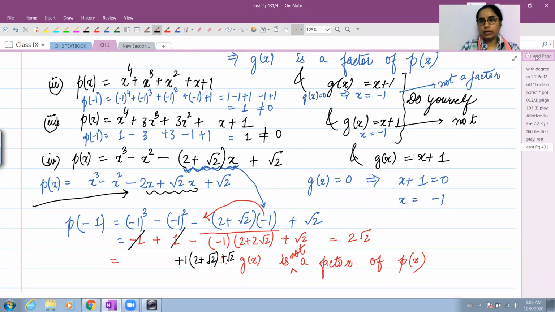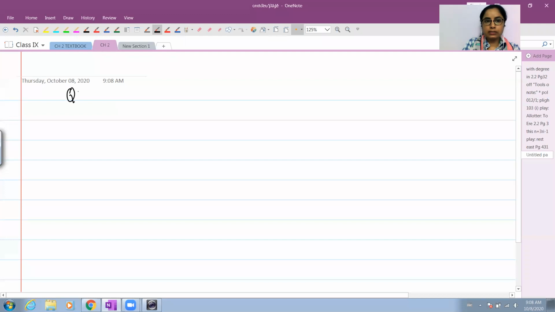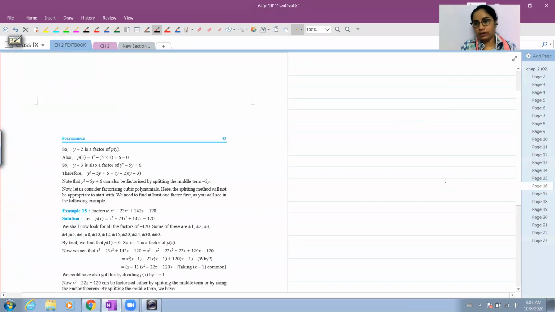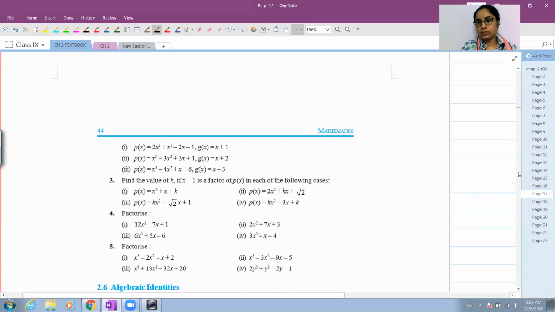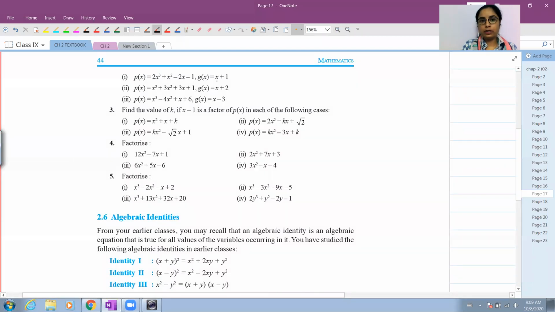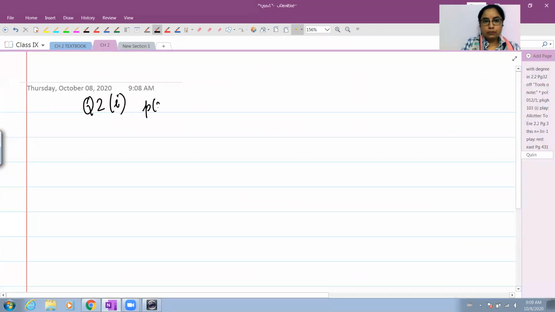Similarly, we are going to do the next question, question number 2 of the exercise. This time, the polynomials are changing in every part. So I will just show you the question here. We have px and gx given differently. Like this is the first part. And you want to check whether or not gx is a factor of px. So the method will exactly be the same you have followed in first question. So first of all, you can just write down px and gx as given to you.